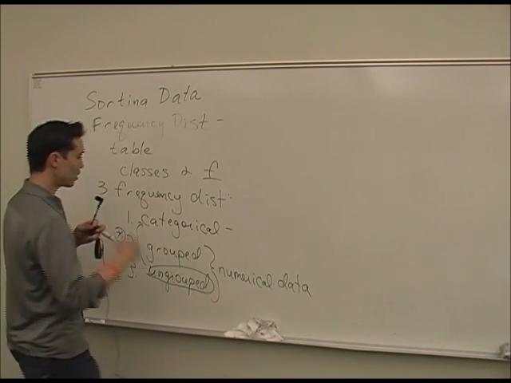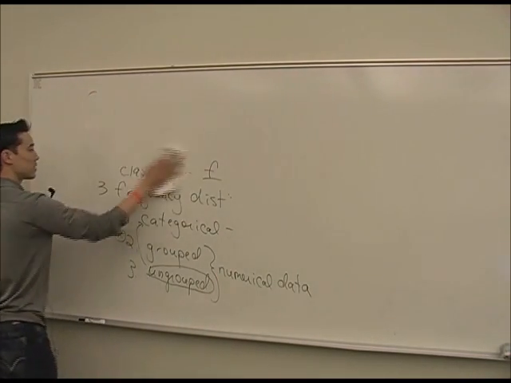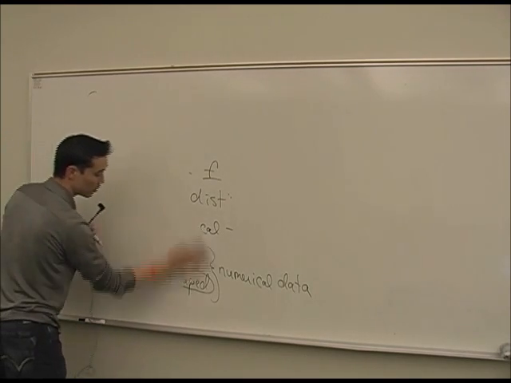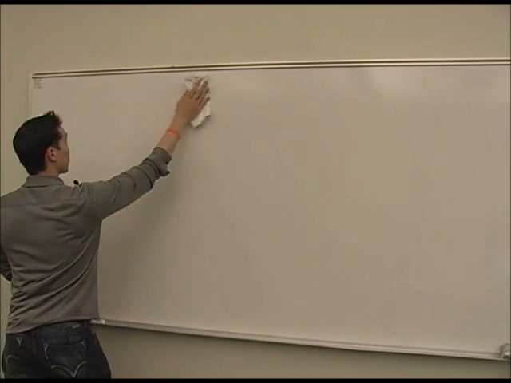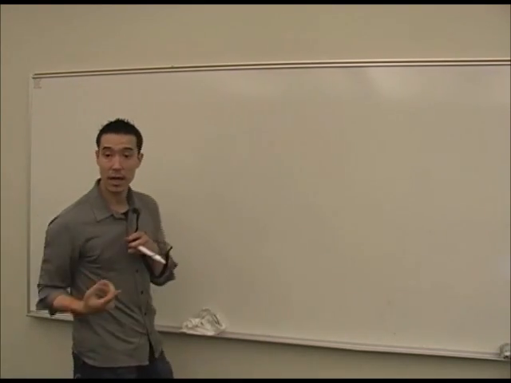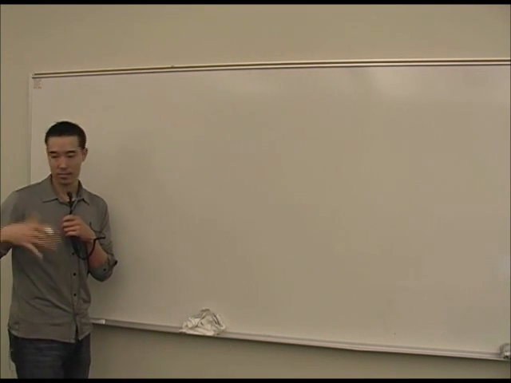Okay, great. So what I need to do now is give you your steps for constructing a grouped frequency distribution. What was an example for categorical? What we just did, the grades, there were 5 A's, 6 B's. If we went with something else, it would just be that.